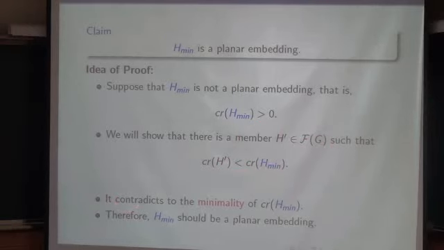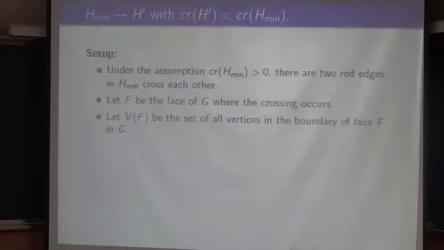Then it contradicts the minimality of the crossing number of H_min. So therefore, this assumption is wrong. So H_min should be a planar embedding, right? So we need to show this, right? We need to find some member H prime such that the crossing number of H prime is smaller than the crossing number of H_min, right? So we will find H prime from H_min.